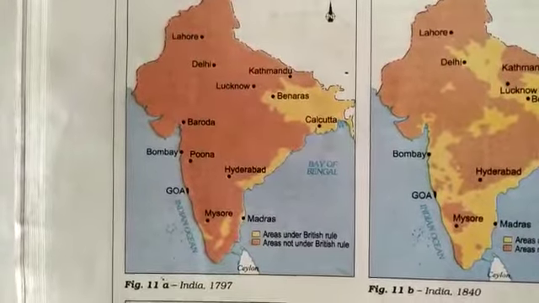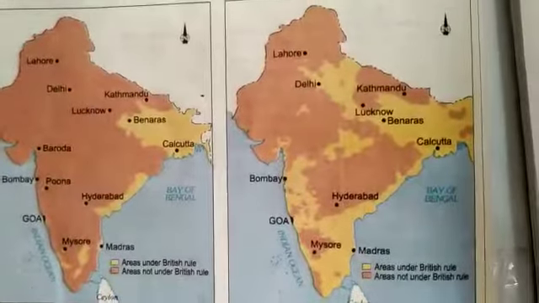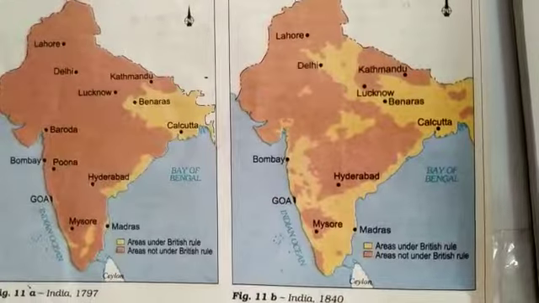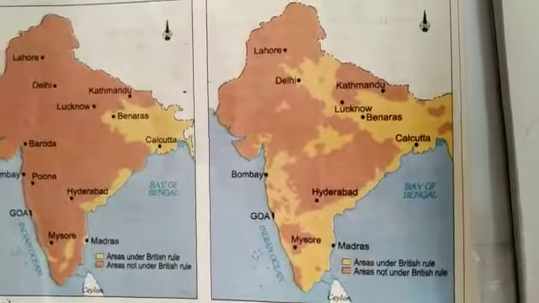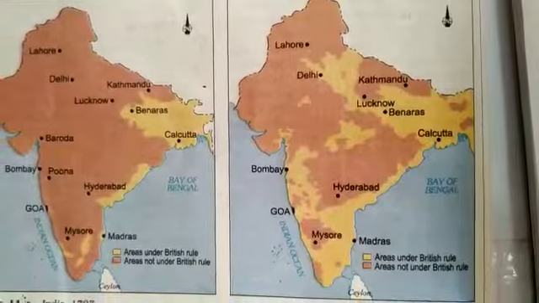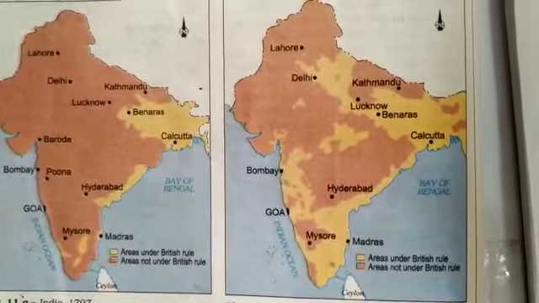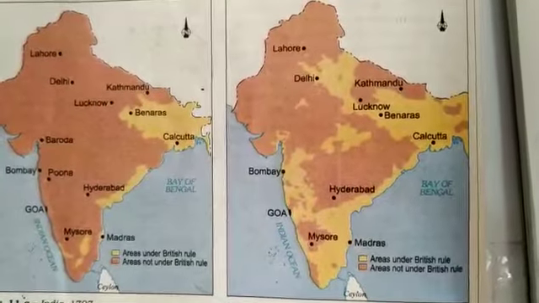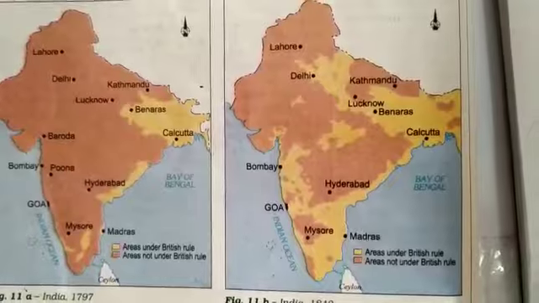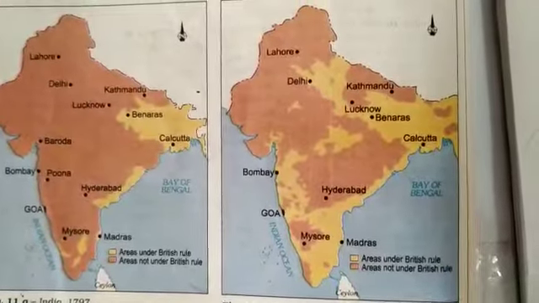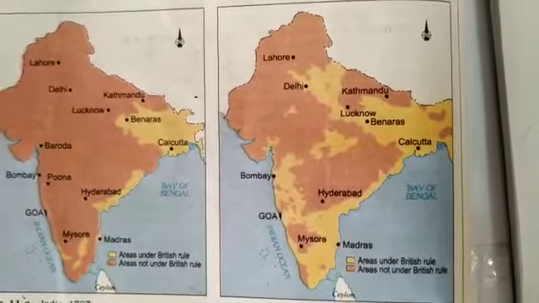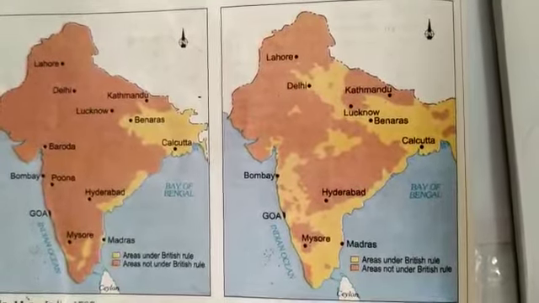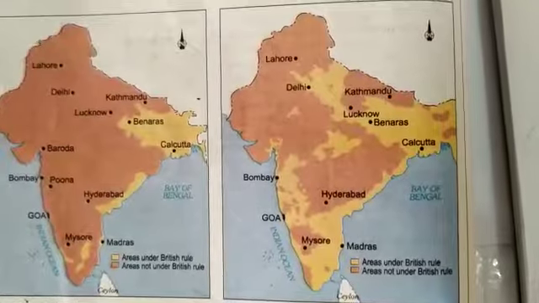From here they started. Now just focus on this second map. This is a map of India of 1840, and you can see the expansion of power of the East India Company in India. They have started expanding their power, as you can see, from the northeastern side, from Calcutta to Benares, and then towards northwest Delhi and other surrounding areas.